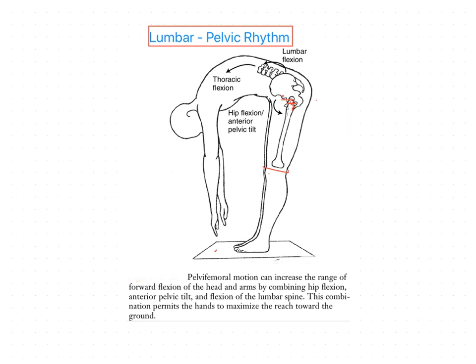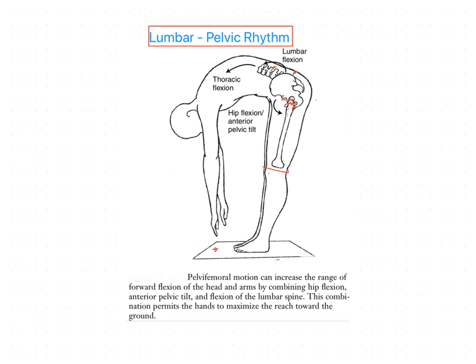It requires the flexion of the lumbar spine, which will incline the trunk forward about another 45 degrees. So this lumbar flexion is required to reach the ground. The combination of hip flexion and lumbar flexion is required to reach the floor.